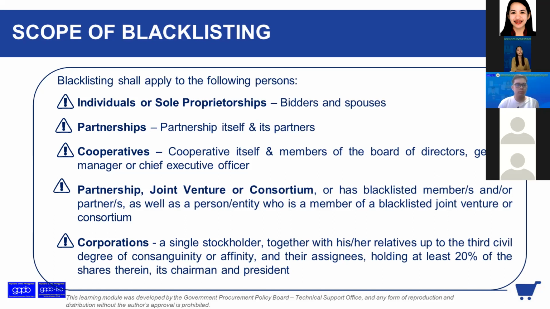Then partnership, joint venture, or consortium. So when you see a JVA, a consortium of two corporations, you have to check also the SEC registration of the individual corporations or entities, whether any of them is blacklisted, no?